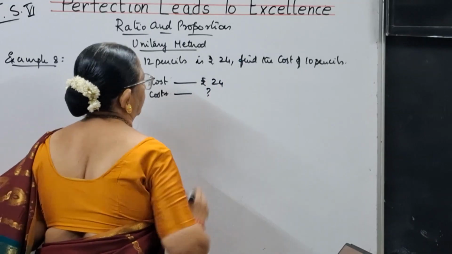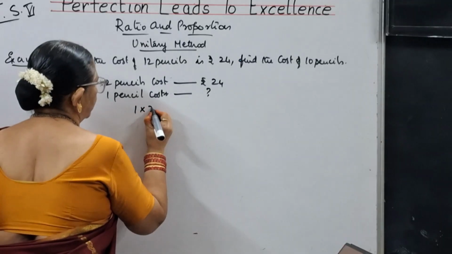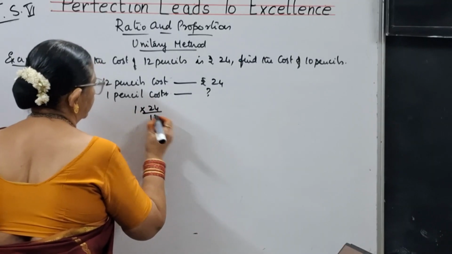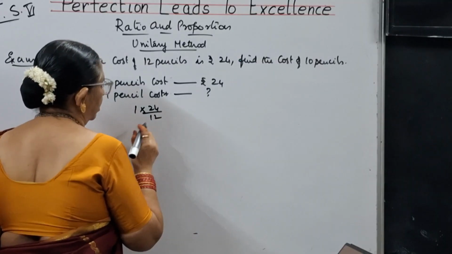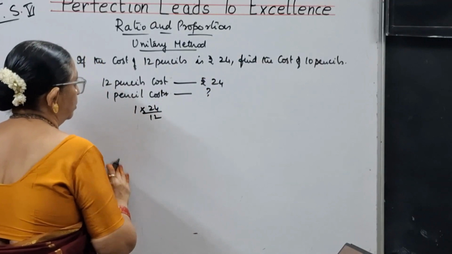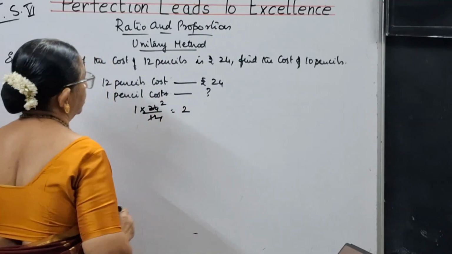One pencil cost how much? That means you are going to get 1 into 24 by 12. Normal calculation which you have learned in your previous class. 12 ones are 12, 12 twos are 24. So how many? 2 rupees.